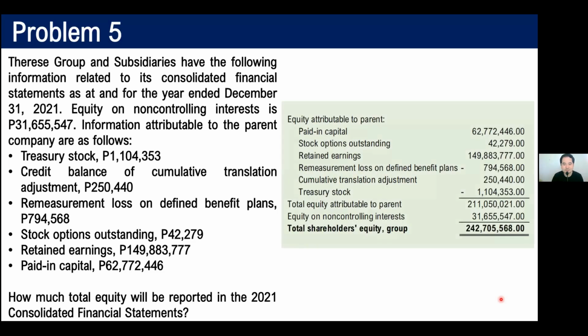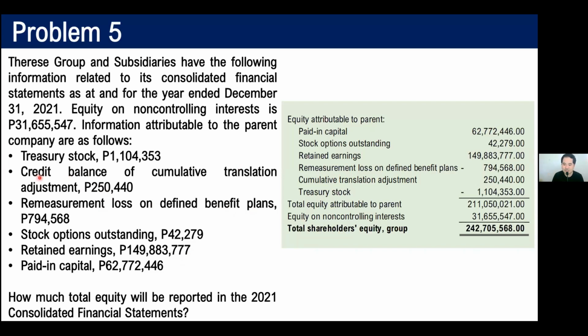So, ganito po siya. As to parent, lista mo lang, paid-in capital, 62,772,446. Stock options outstanding na 42,279. Tapos yung retained earnings na 149,83,777. Tsaka yung mga OCI components mo na ina-adjust natin sa equity, syempre kasama yon. Remeasurement loss on defined benefit plan, negative kasi loss, so huwag kalimutan, 794,568. Cumulative translation adjustment, hindi sinabi kung gain or loss, pero sinabi credit, so gain.